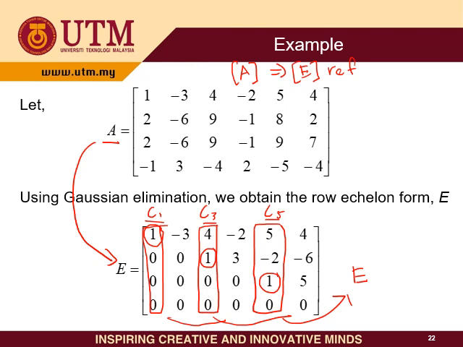How to find the column space for matrix A? So we take note of the C1, C3, and C5. We look back into our matrix A and find the C1, C3, and C5. Then we can get this is our C1, this is our C3, this is our C5. These 3 columns.